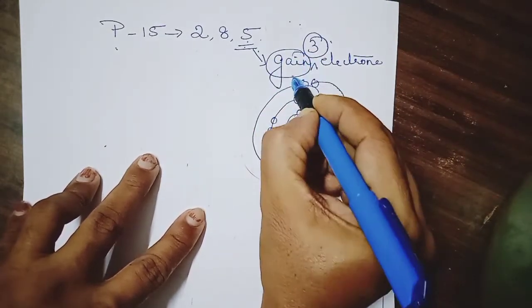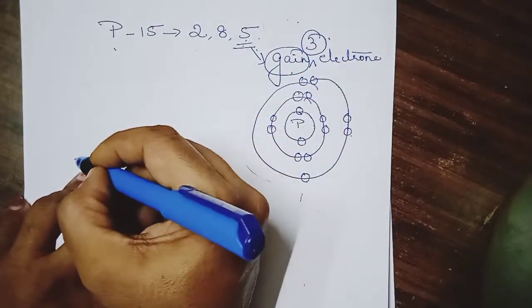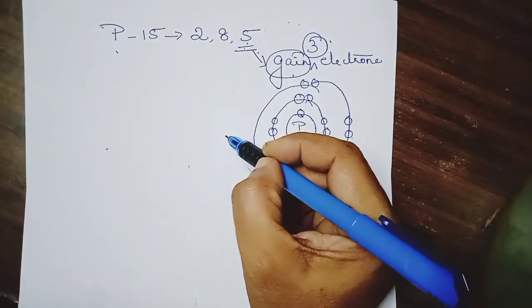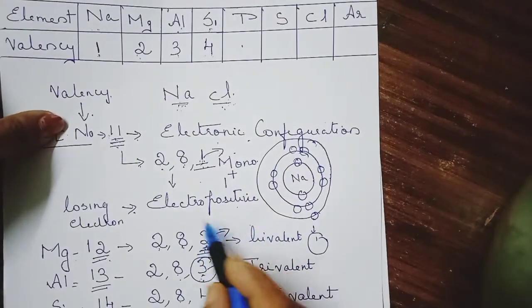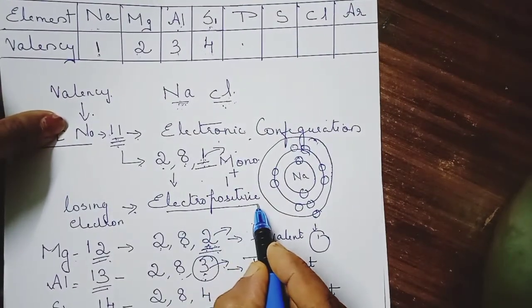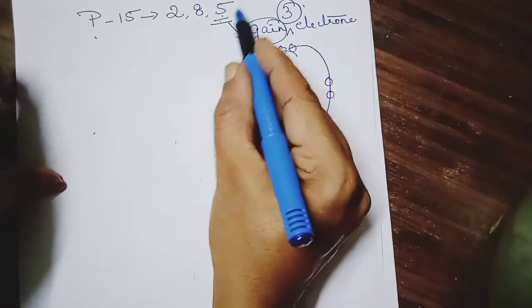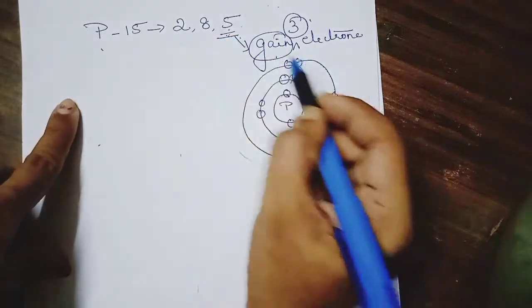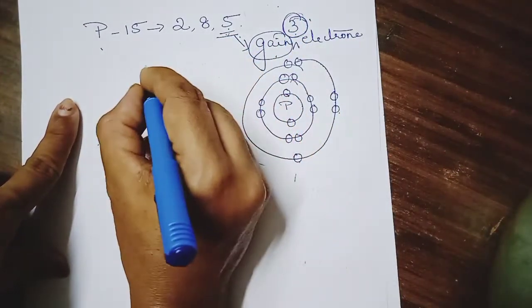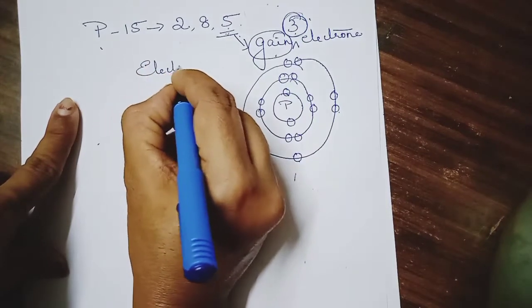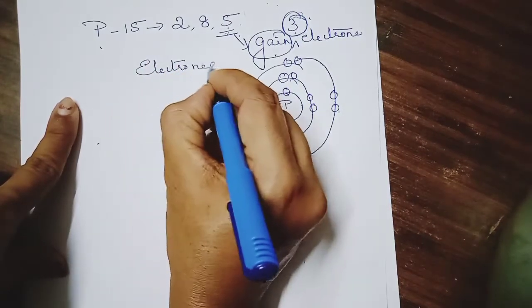So this is very important, because in the previous elements we have seen they were losing electrons or giving out electrons. That is, they are all electropositive in nature. Now in the next case we have gaining electrons. So here it gains 3 electrons, and that nature is called electronegative.